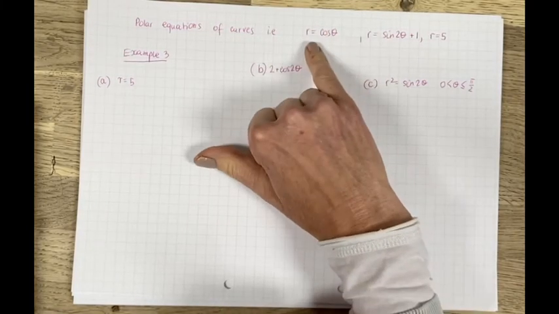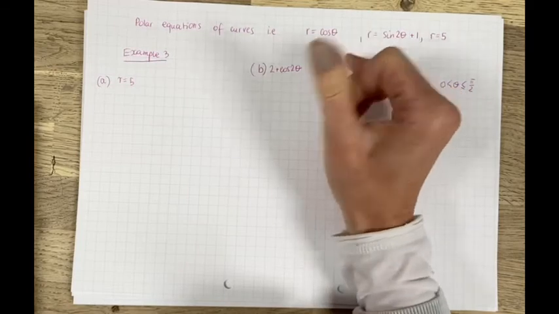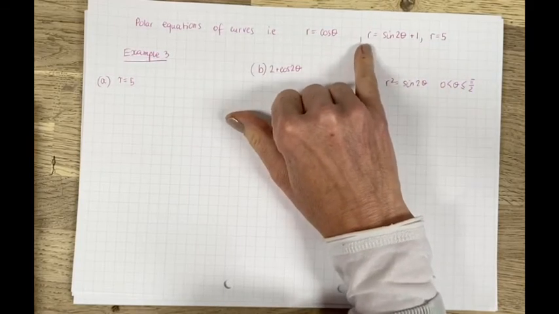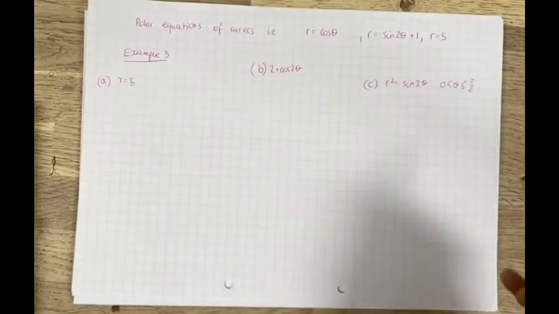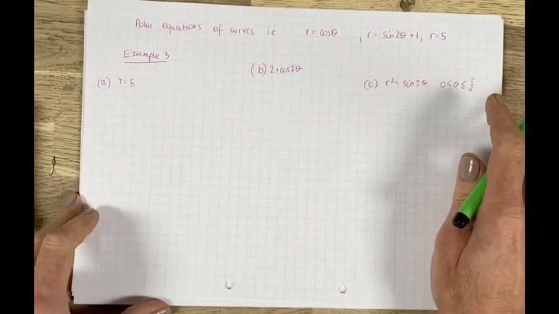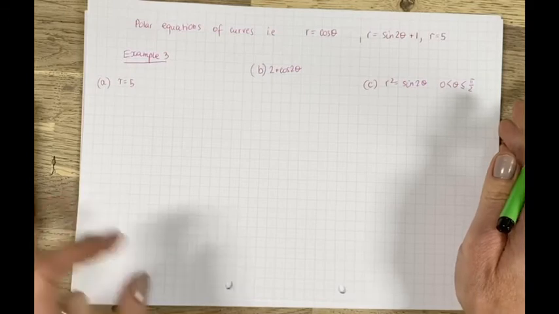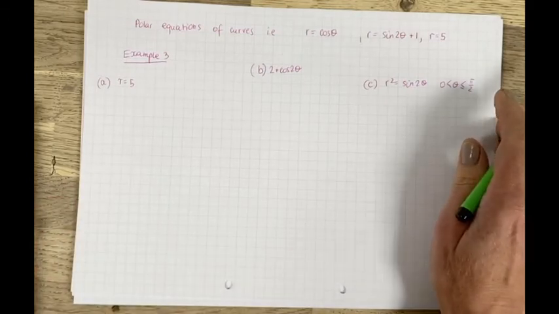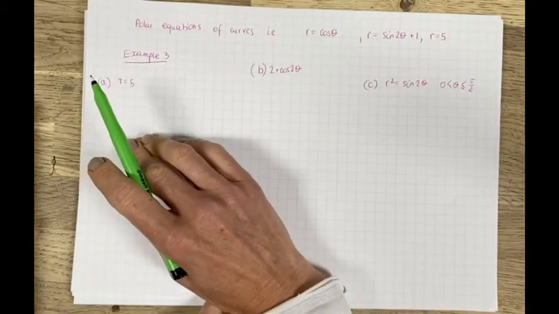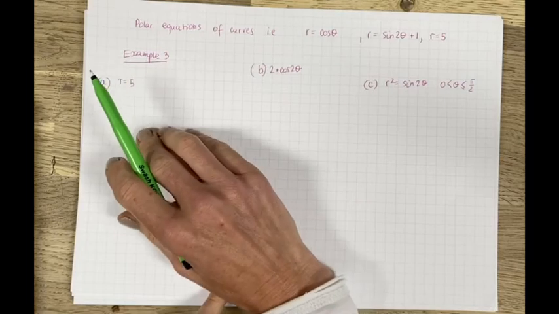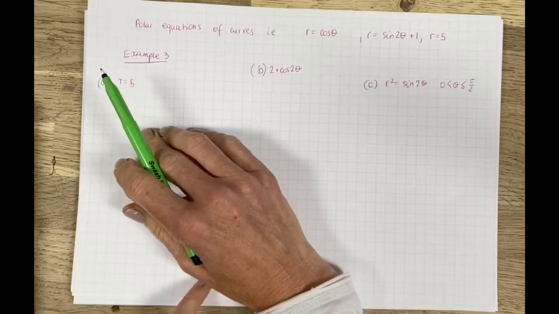So for example, r is equal to cos theta, that's an example of an equation. r is sine 2 theta plus 1, r is 5, that is an equation in polar form. Each of those equations can be converted into its Cartesian equivalent. So one of the skills is to actually change these given equations into Cartesian ones.